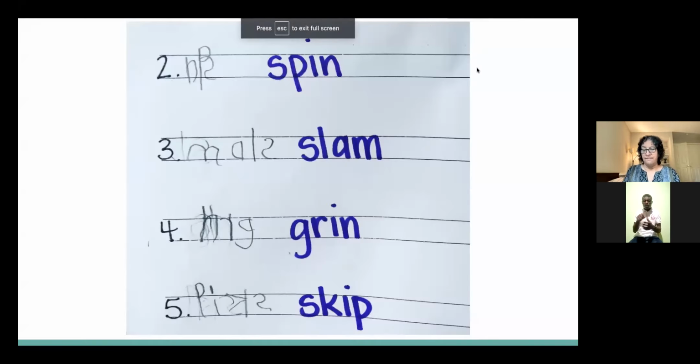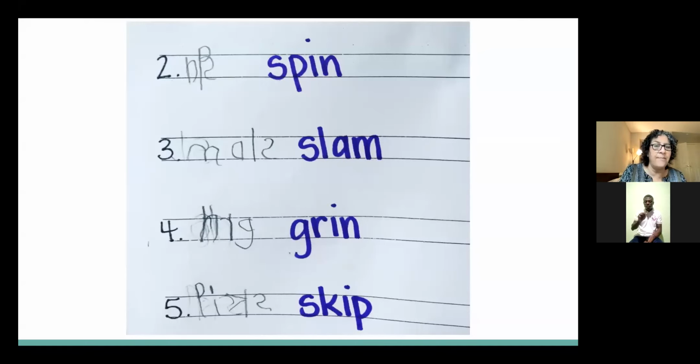I missed that part. Okay, so here you see the spelling, the way the child has copied. No, this was the dictation part. I had told one of my students to write spin as the second word.